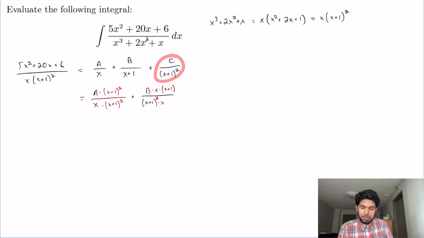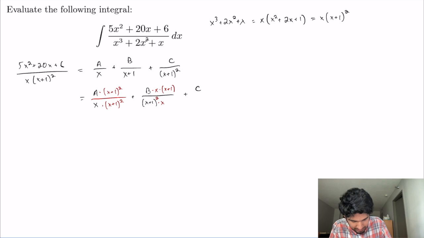For this last fraction, the denominator is just missing this x piece, so we'll multiply the numerator and denominator by x. So this will be C times x divided by (x plus 1) squared times x. And now all fractions have common denominators.